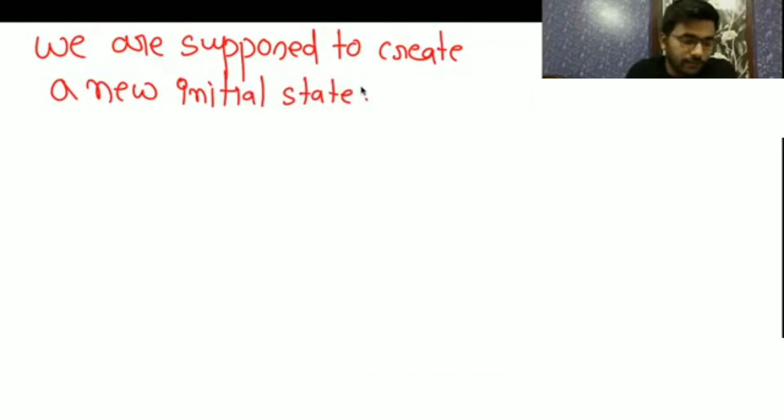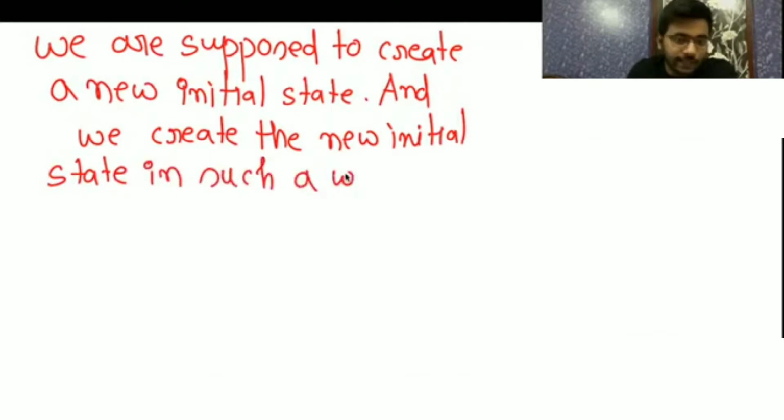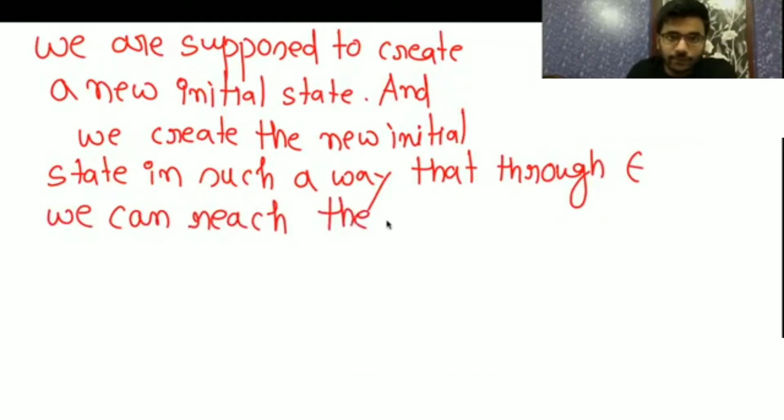We create the new initial state in such a way that by only getting epsilon we can reach the previous initial state.